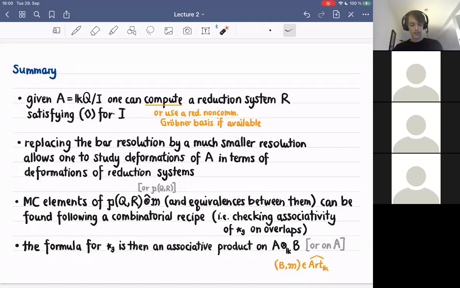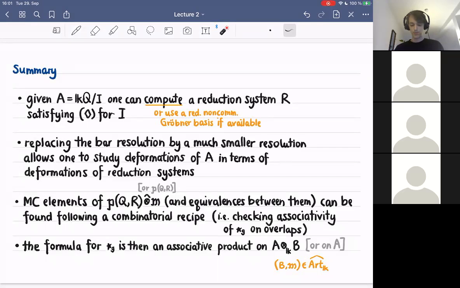The way you can do this is to look at the Maurer-Cartan equation for the L-infinity algebra structure on this complex P that we get by homotopy transfer. To check this, you follow a combinatorial rule, which is checking associativity of this new star product on the overlaps.